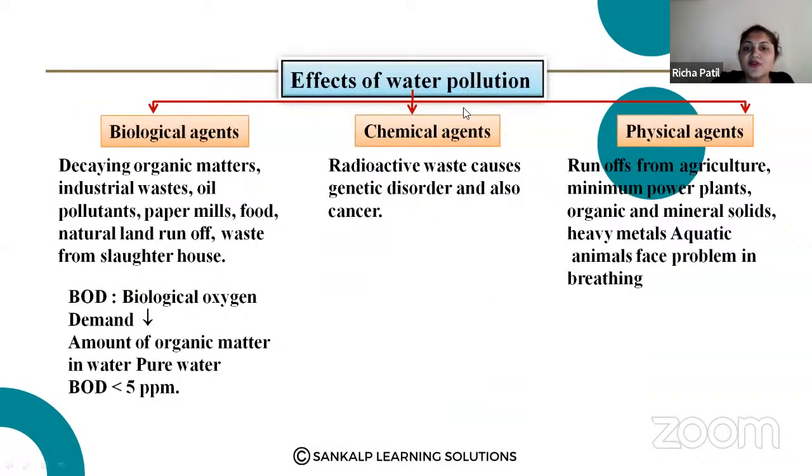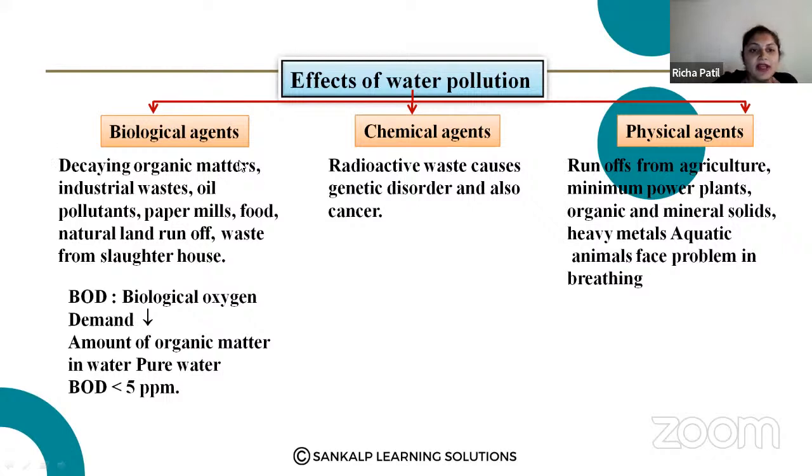So what are the effects of water pollution? Biological agents, then chemical agents and physical agents. Biological agents: decaying of organic matter, industrial wastes, oil pollutants, paper mills, food, natural land runoff, waste from slaughterhouses.